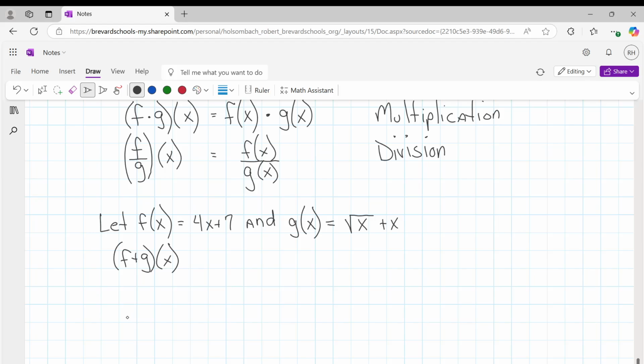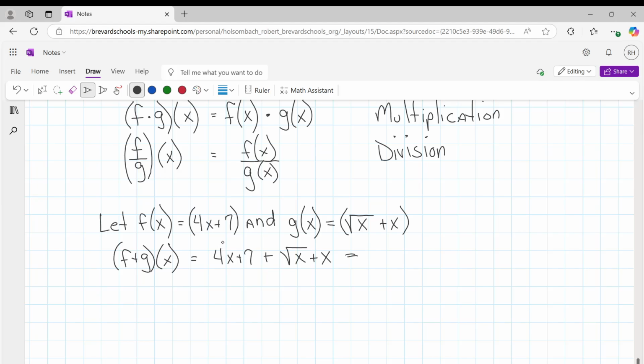You're adding functions. So you're going to take this function, f, and you're going to add it to this function, g. So it just looks like this. We're going to take 4x plus 7 plus the square root of x plus x. And that's going to be equal to, what we're going to do now is we're just going to combine like terms.